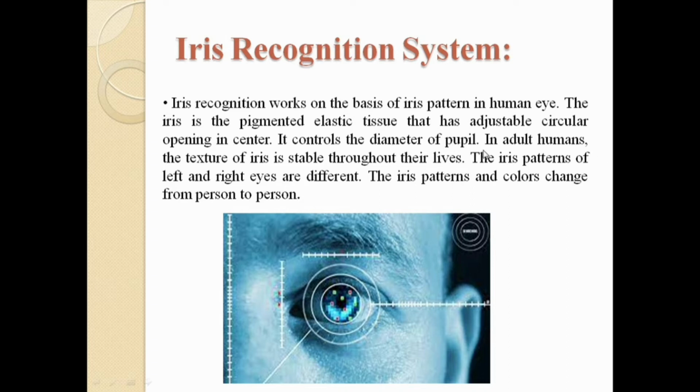In adult humans, the texture of the iris is stable throughout their lives. The iris patterns of the left and right eyes are different, so we can easily find out anybody who is different from others. The iris patterns and colors change from person to person. Nobody's matches anybody else's. It's unique.